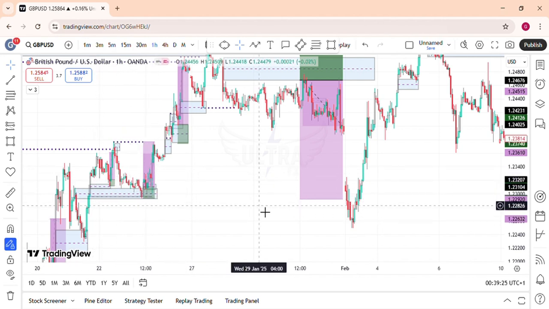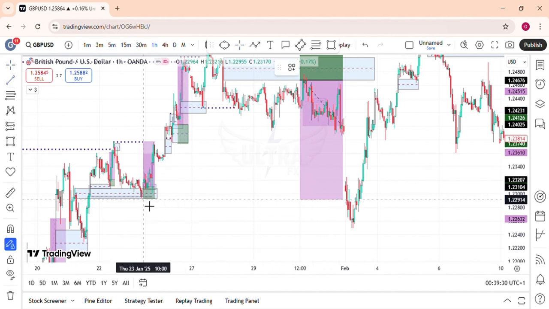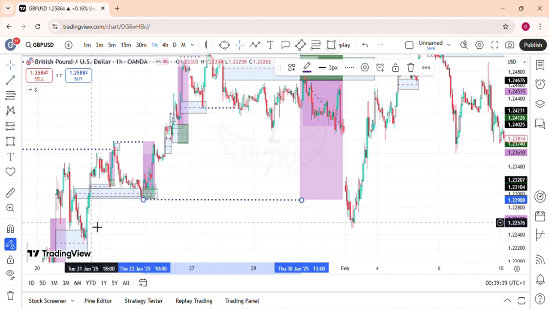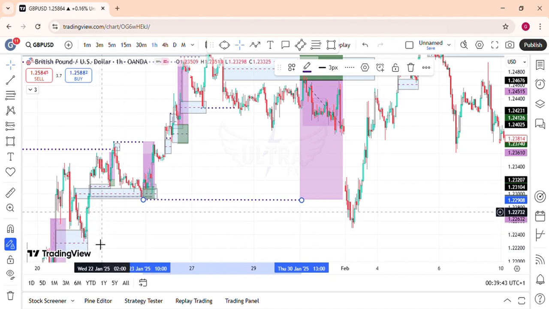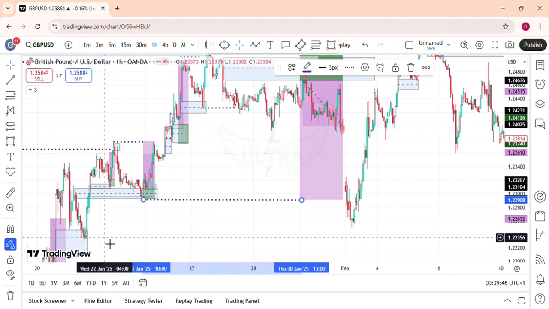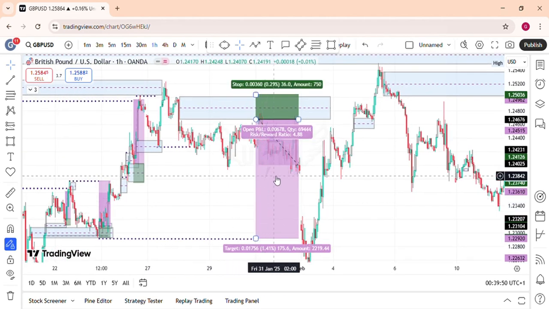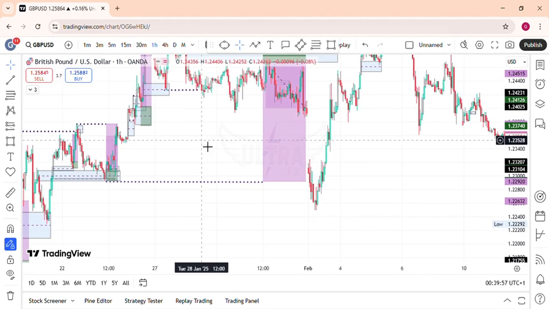So I would need to take profits right below this low right here, because anything that will make the market come to this place, there would be a bouncing off, there will be a reaction from this fair value gap, since it's also from a 1 hour time frame. So this will be the take profits, and it's giving a risk reward of 4.88.